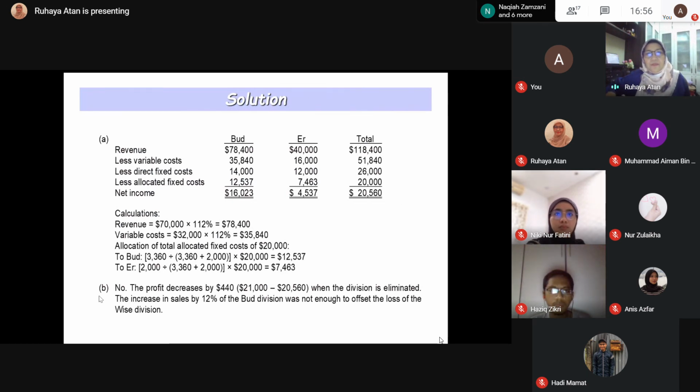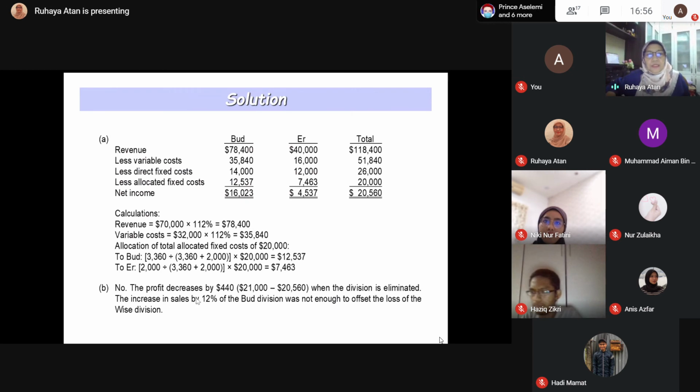You notice that the profit decreased from 21,000 to 20,560. And because of that, is it good to eliminate the division? No, it is better not to eliminate the division. Let it be, even though it is not making profit, the other departments make better profit, and in the end, the net income will be better.